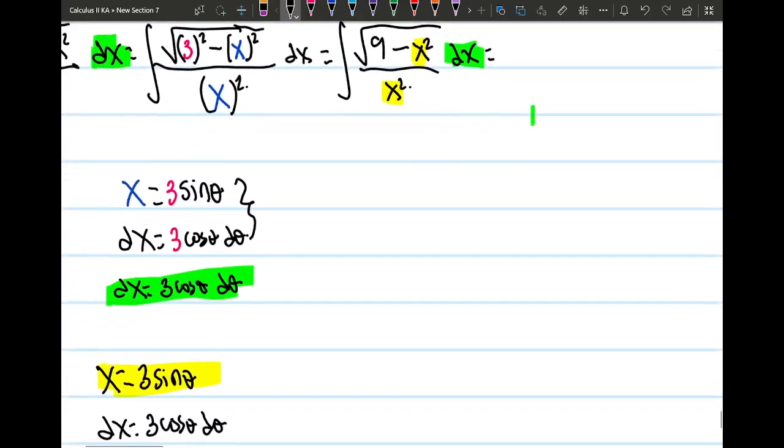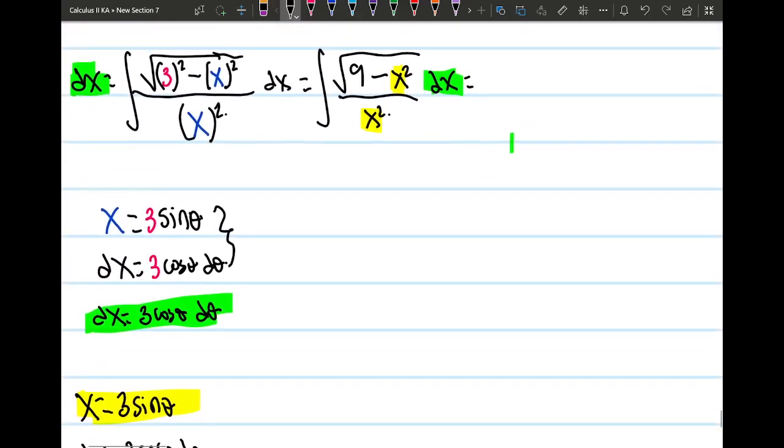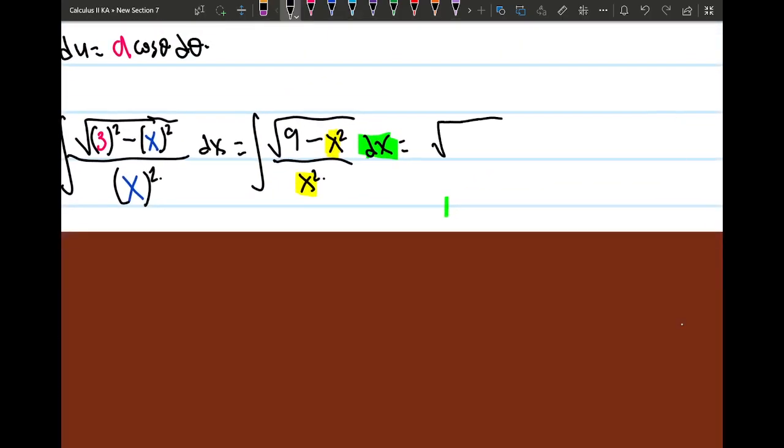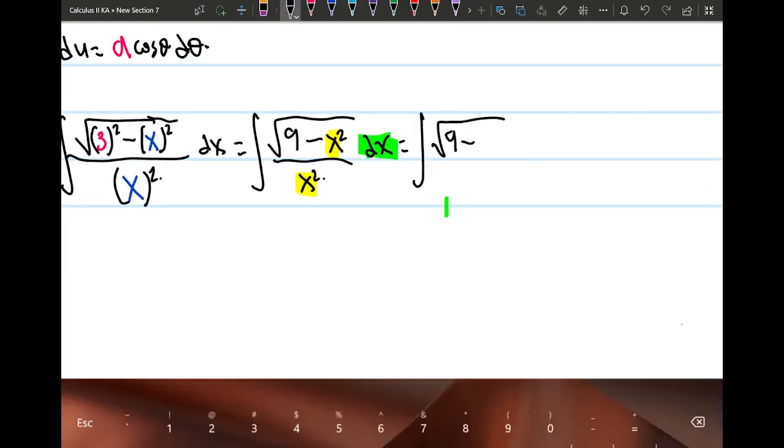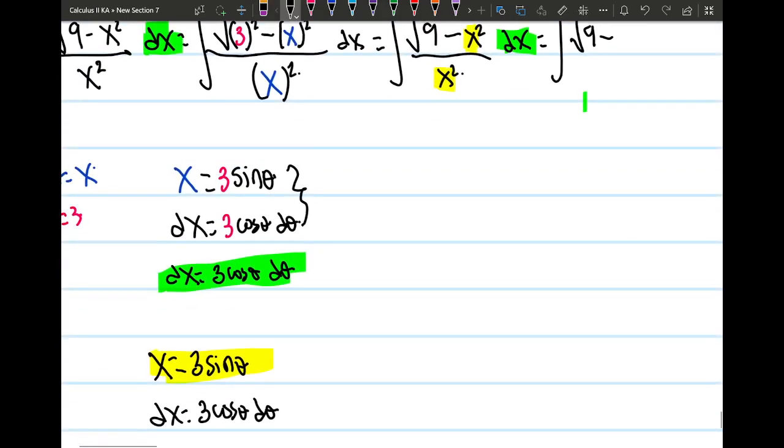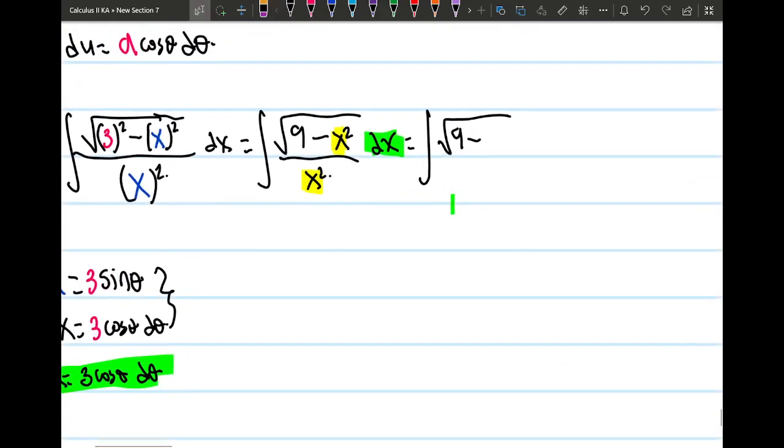So again, we're going to put in 3 sine theta for x. So we have the integral of the square root of 9 minus 3 sine of theta squared. So that's basically this over here. That's what we put in for x.